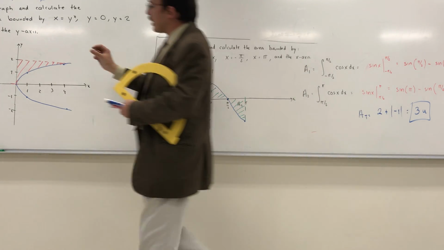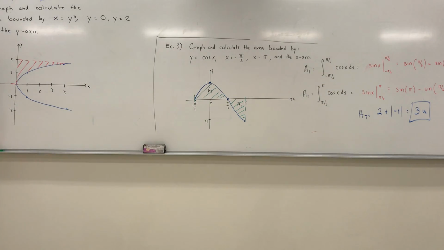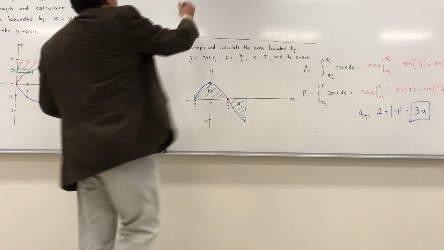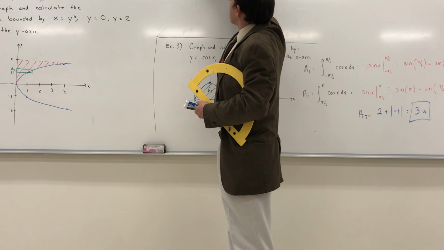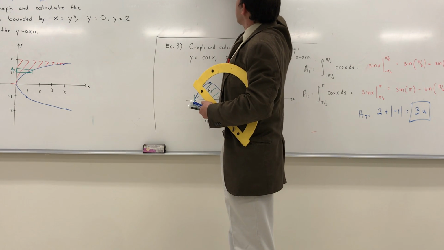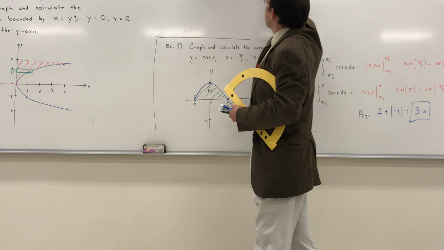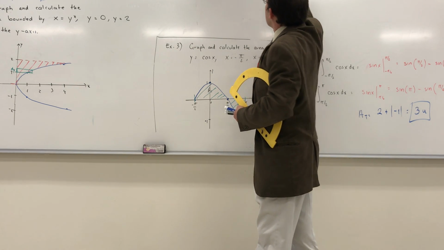Because dy now is the width of the rectangles horizontally. Dy is this. And then we integrate that. Y cubed over 3 from 0 to 2 equal to 8 thirds minus 0 equal to 8 thirds. Yes.